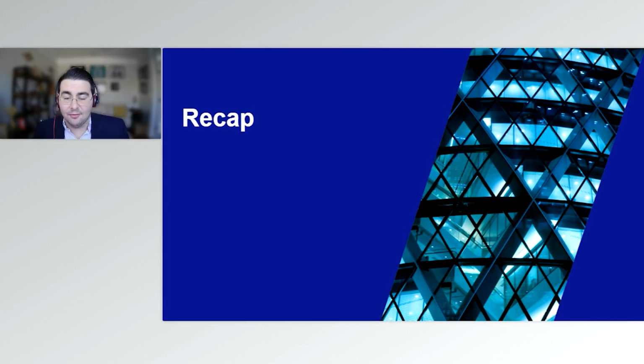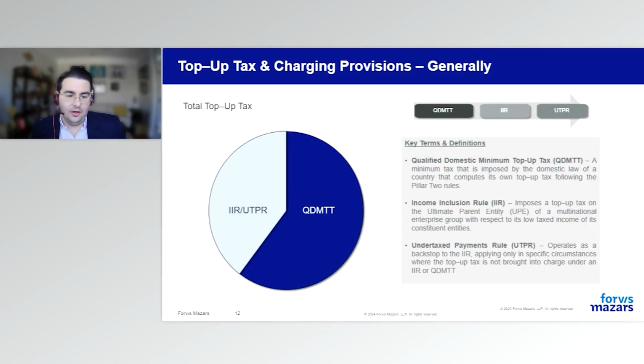Taking a step back from our detour, right now we're going to talk a little bit about Article 6. But before we do that, let's do a quick recap. I mentioned earlier, when we were doing the polling question, the UTPR is here, right?